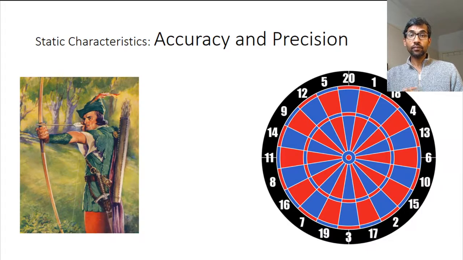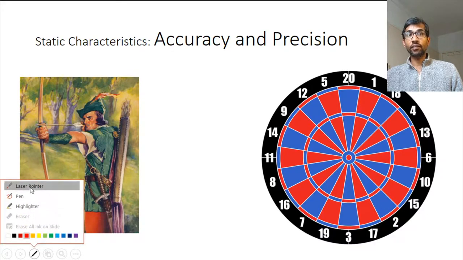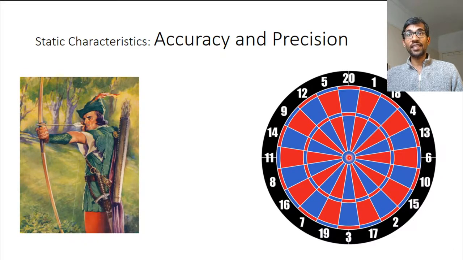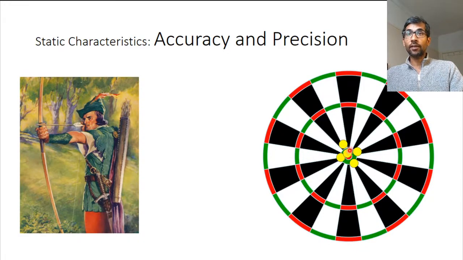Robin Hood is a very good archer, and so we expect that all his arrows are going to hit the center without any doubt.